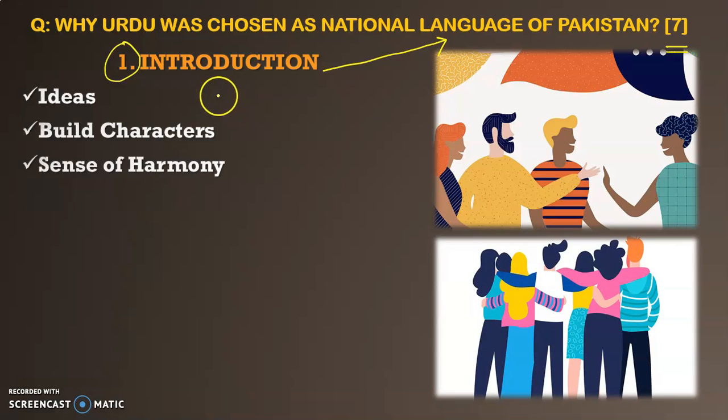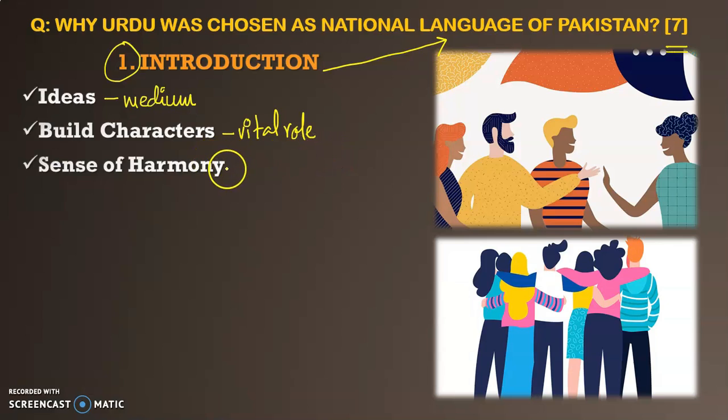Let me explain that. When we talk about the first one, language is the only medium through which one can express his ideas and his feelings or sentiments to others. Secondly, when we talk about building characters, language plays a very vital role to build the characters of individuals as well as a nation.